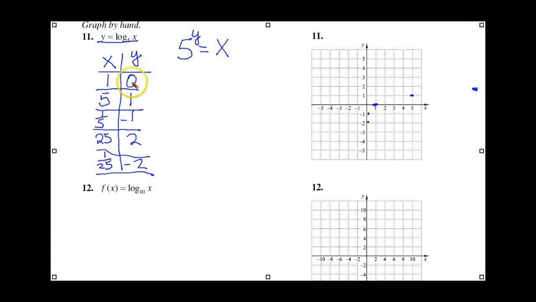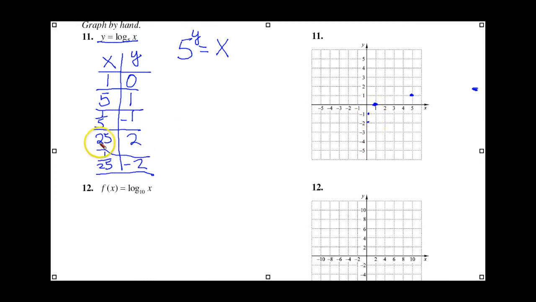So then I start plotting my points. 1, 0, right there. 5, 1. I go over 5, up 1. Now I go over 1/5 and down 1.